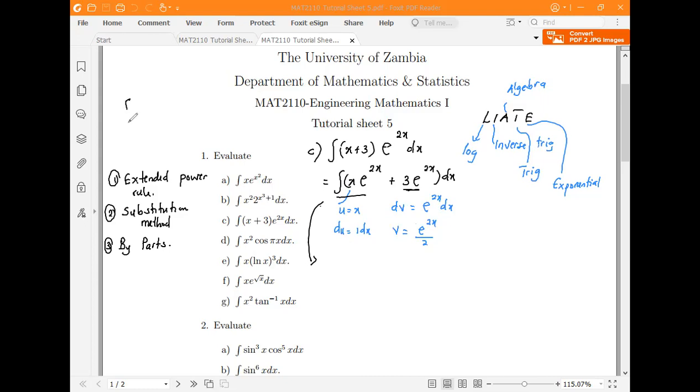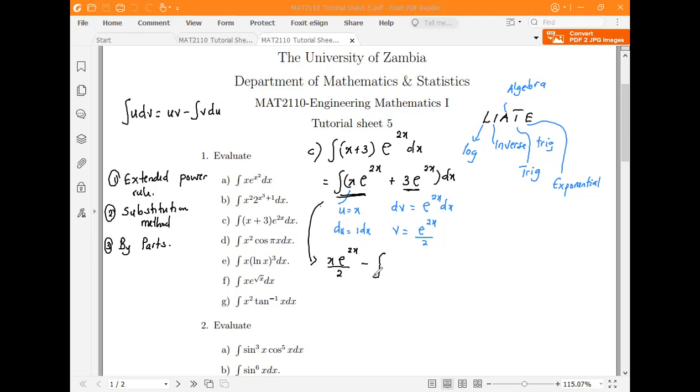So now, by parts, I'm integrating u dv. The answer I get is uv minus the integral of v du. We have already identified our u as x, and v as e^2x over 2, which is our uv, minus the integral of v du.